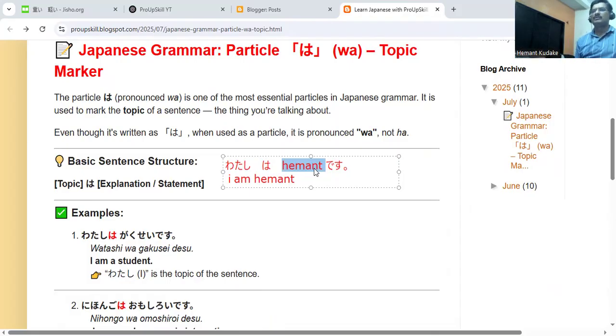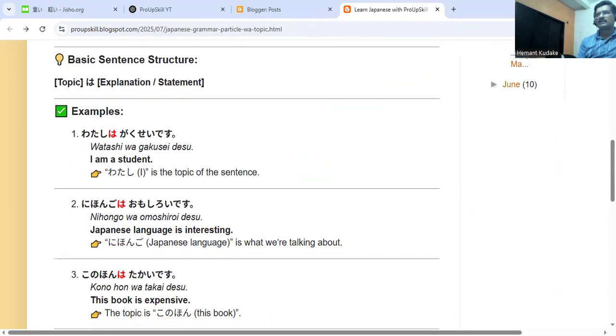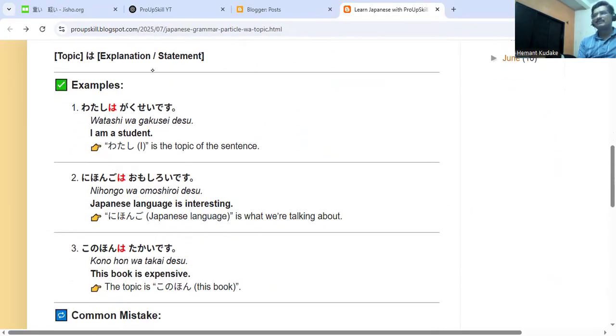As mentioned here as well, before wa you will find the topic of the sentence, and after wa you will find the explanation. Okay, let me scroll down. The first example I updated here is watashi wa gakusei desu.